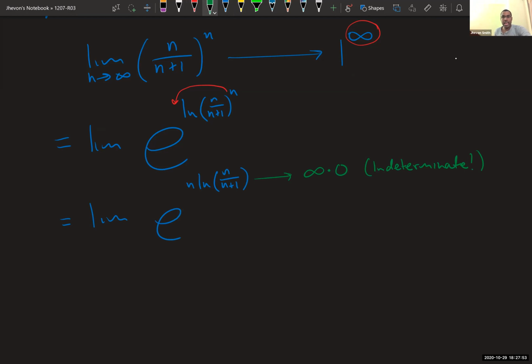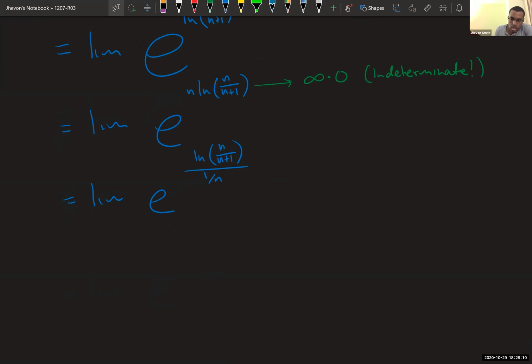You can't tell that at face value. So you have to do something like rewrite. You can rewrite this as ln of this over, say, 1 over n. Then you would notice that this goes to 0 over 0, which means that L'Hopital's rule would apply.